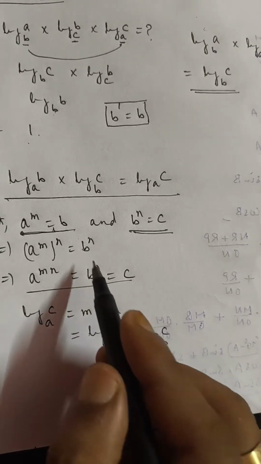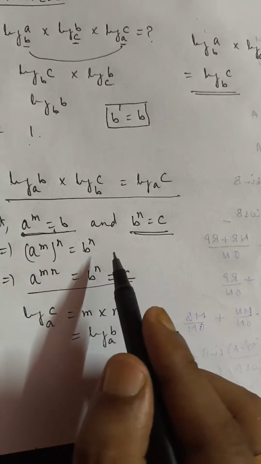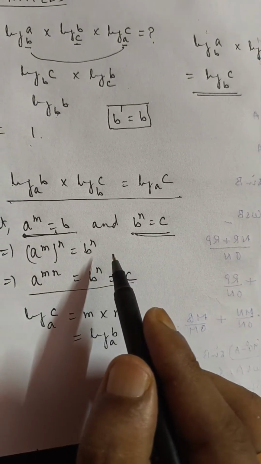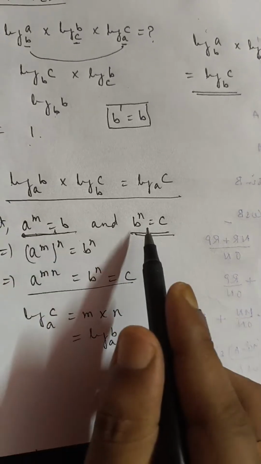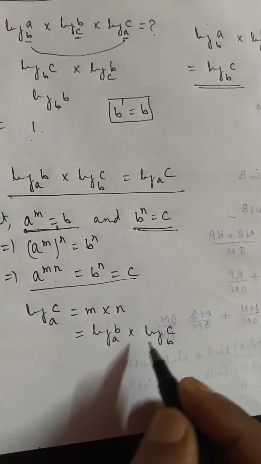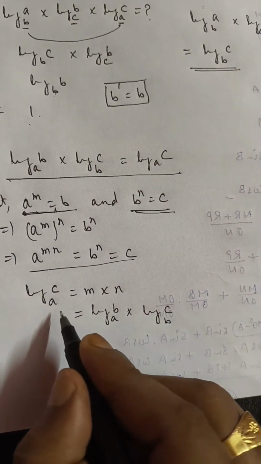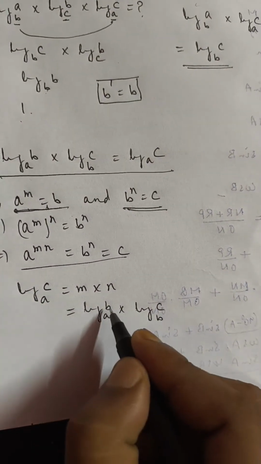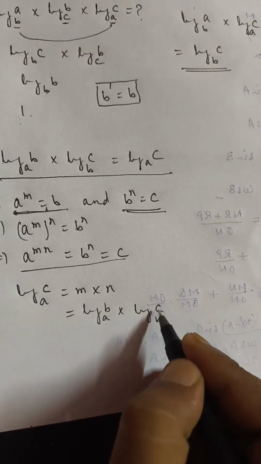So from both of these you can write down log of c base a is equal to log of b base a multiplied by log of c base b.